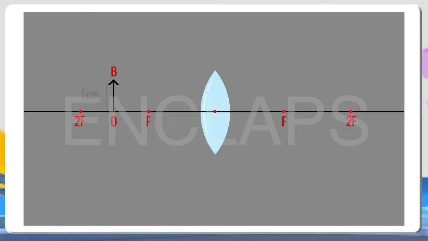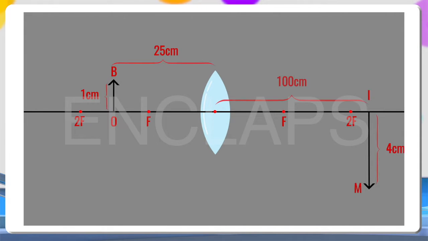Let's see an example in this figure given here. You can see a convex lens. An object of height 1 cm is placed at a distance of 25 cm from the lens. Image is formed at a distance of 100 cm from the lens and has a height of 4 cm. Let's apply the sign convention here.